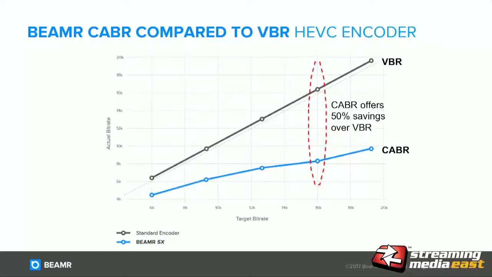Our new mode, CABR, which is our content adaptive, you'll notice that we have a 50% savings between the VBR mode and CABR. And again, we can explain a lot more. Come see us in the exhibit hall, and we'll go into much greater detail as to what this exactly means.